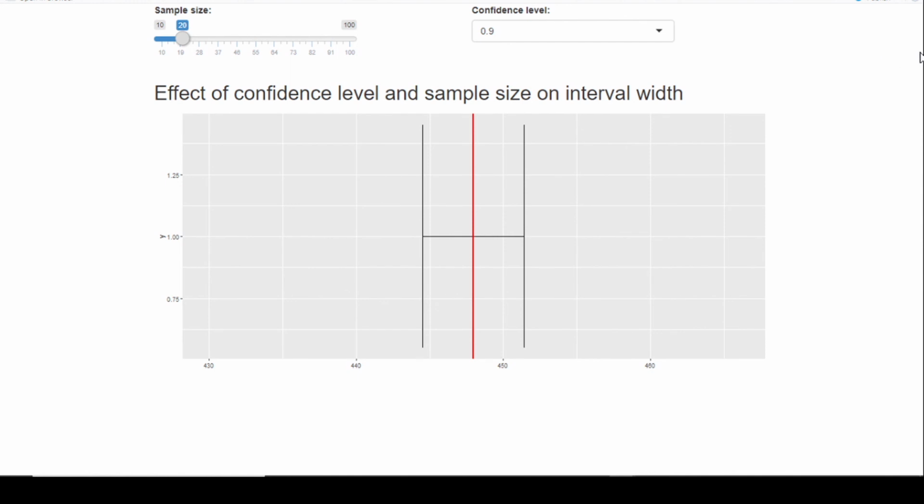Here I have a confidence interval for a sample of size 20 and a confidence level of 90%. So if I increase my confidence level, then we expect that the interval will become wider. Okay, and there you can see that for a 98% confidence level, my interval has become wider.